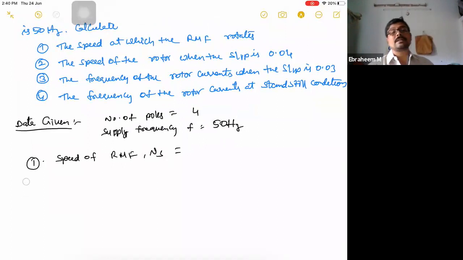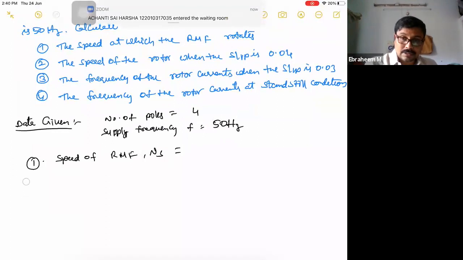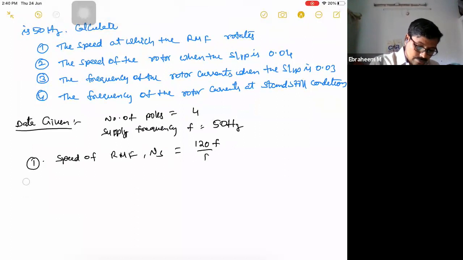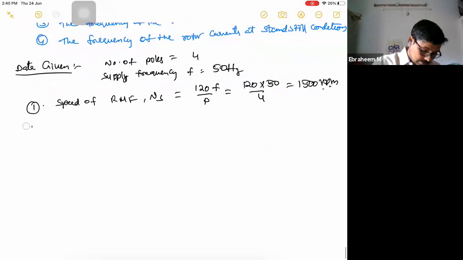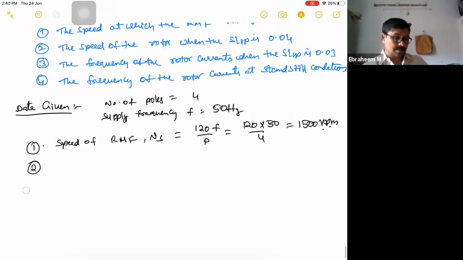It is denoted by Ns, that is synchronous speed. Ns is given by 120 f by p, that is 120 into 50 by 4. It is 1500 RPM.